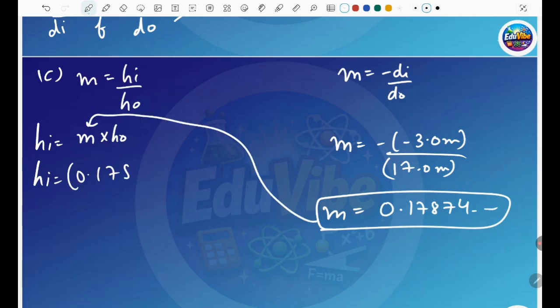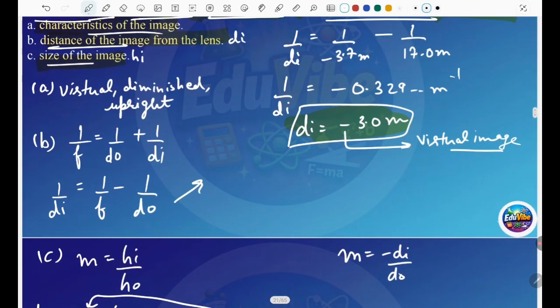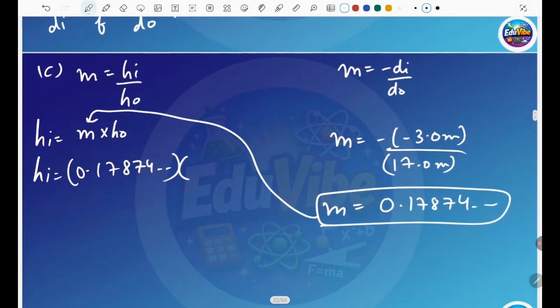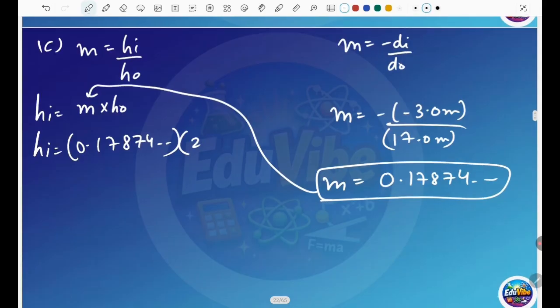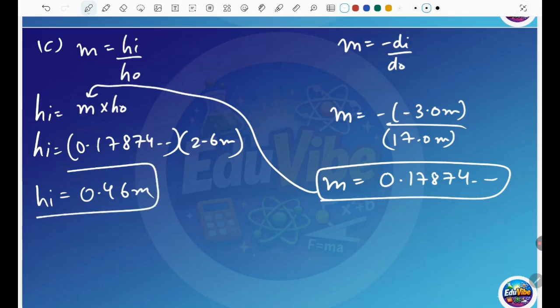Put this magnification over there and get your answer. 0.1784 times your HO, which is 2.6 meters, so you get your HI of about 0.46 meters. You see this is positive because you have an upright image.